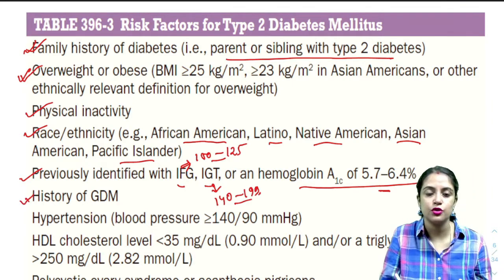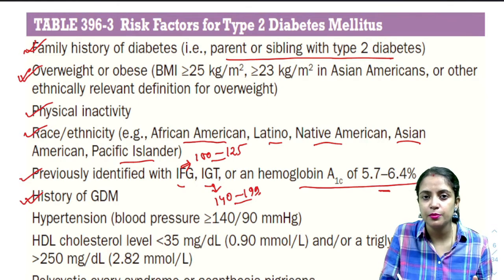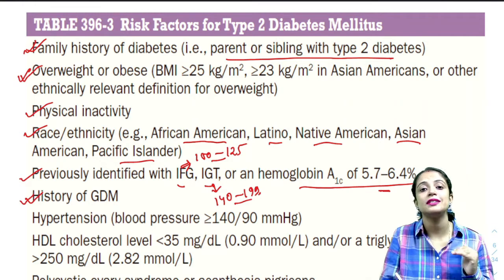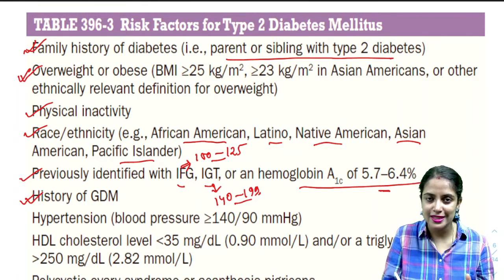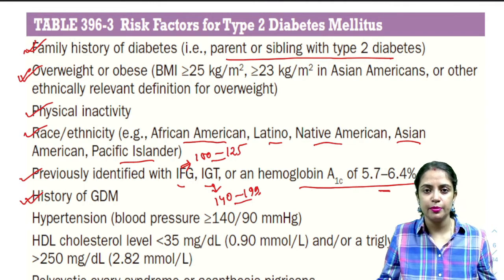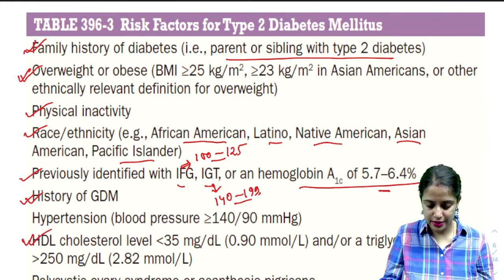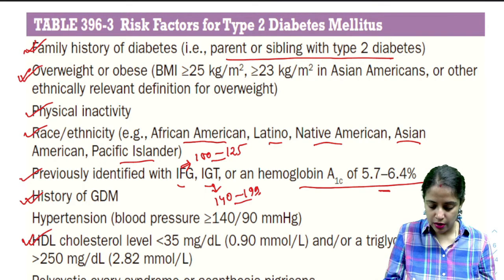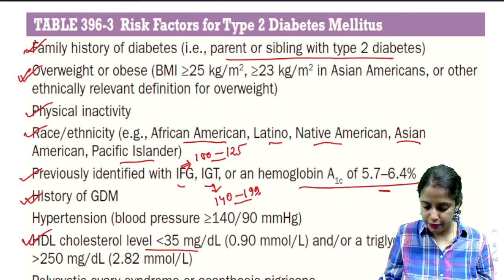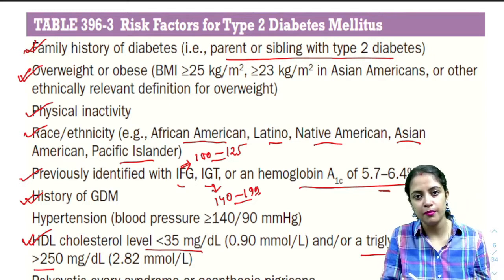History of gestational diabetes mellitus: mothers who develop GDM during pregnancy tend to develop overt diabetes in future, so they should be monitored. Hypertension: hypertensive patients also have an increased risk of developing diabetes. Level of HDL cholesterol, the good cholesterol: if it is low, less than 35, and triglyceride level more than 250, that again forms a risk factor.